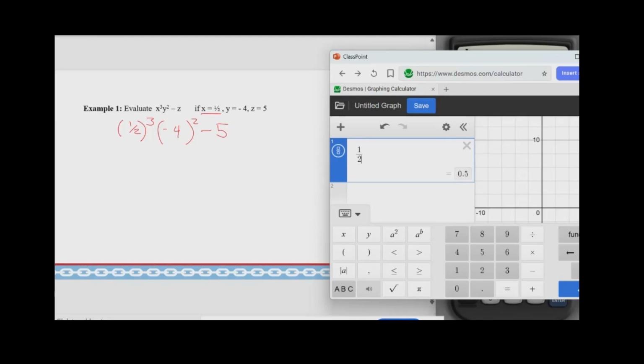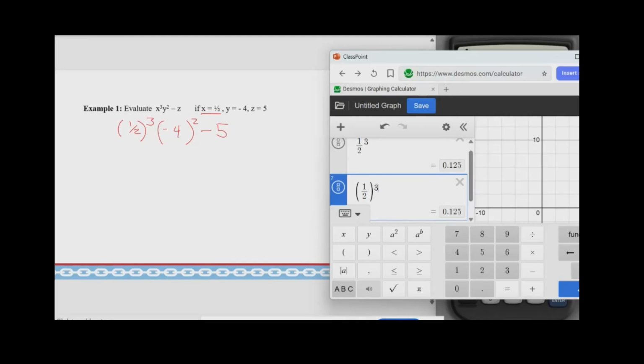To get that exponent, then I'm going to hit this right arrow, and then I can hit this A to the B button, and it pops it up as an exponent 1/3, like that. You could also do your 1/2 in parentheses and then go outside of the parentheses. Let me clear that out. Right, end your parentheses and then tell it to the third power. We still get the 0.125.